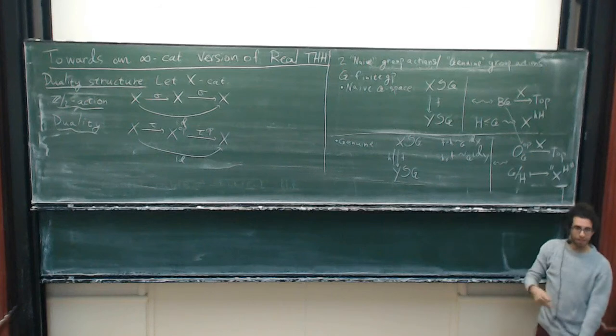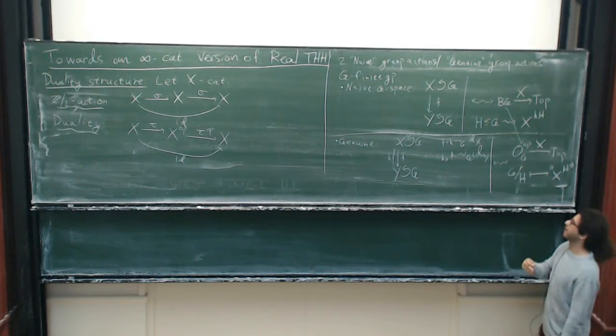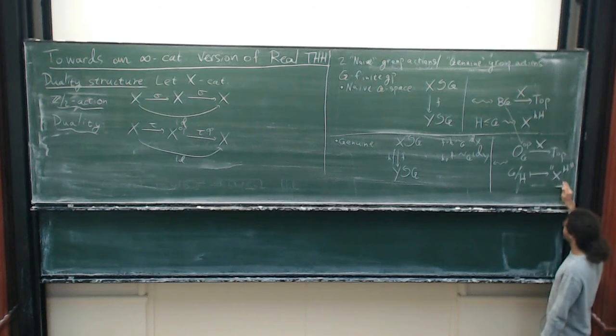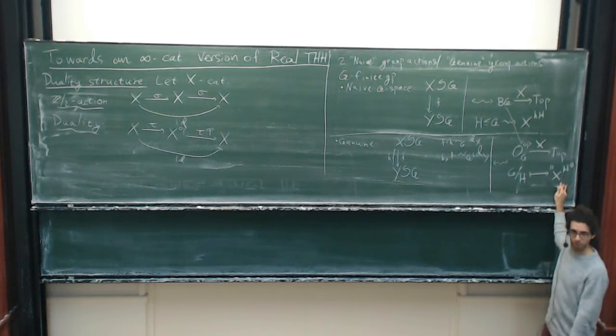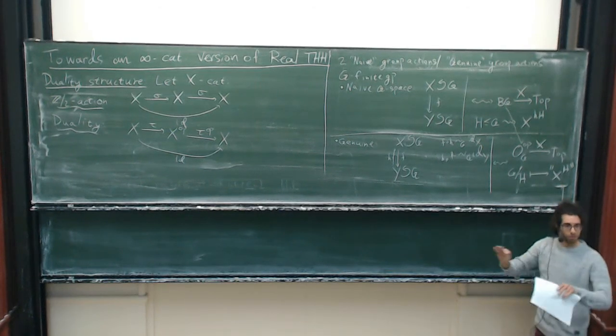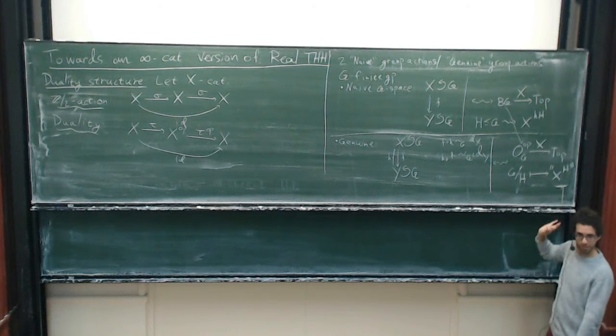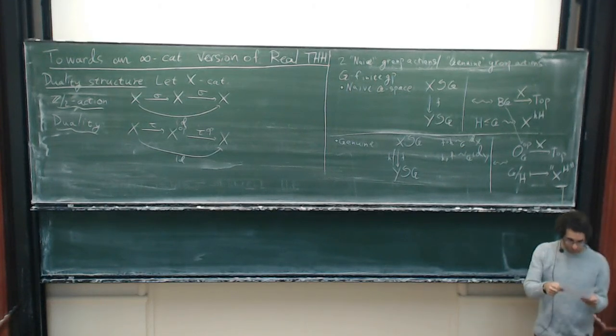If I have a naive G space, I can take homotopy fixed points, and if I have a genuine G space, I can take the H fixed points, but there is no real relation between the two. I can put something very different than this here.